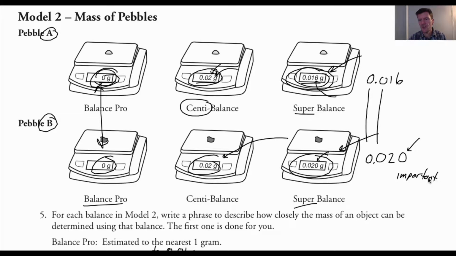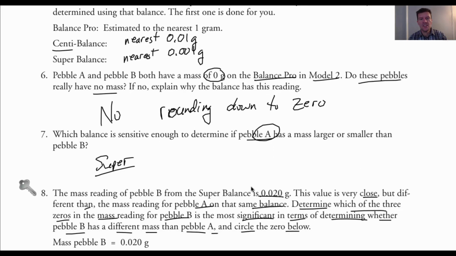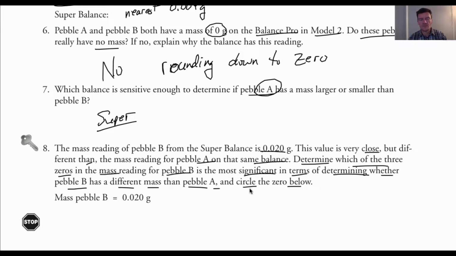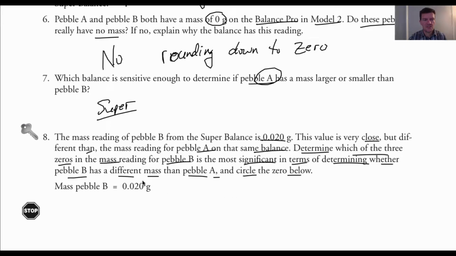It is part of the measurement, and it is part of the significance of that measurement to determine that there is a difference between those two values. You need that last 0. So this 0 right here is significant, and it's important to the measurement. Even though it's at the end and you think, I'll just drop that off and just put 0.02. No, it's important, because what it's telling you is it is 0.020.